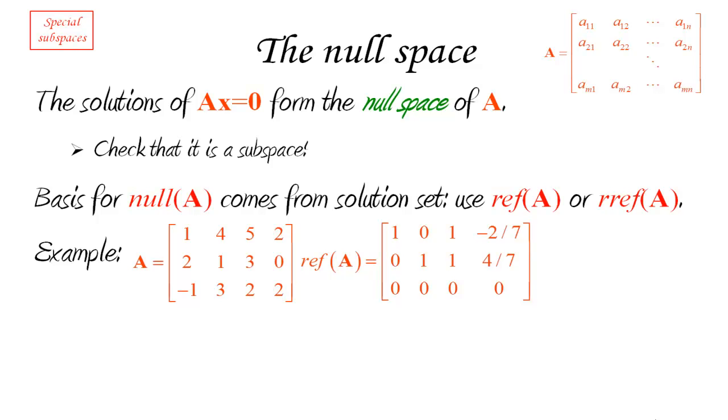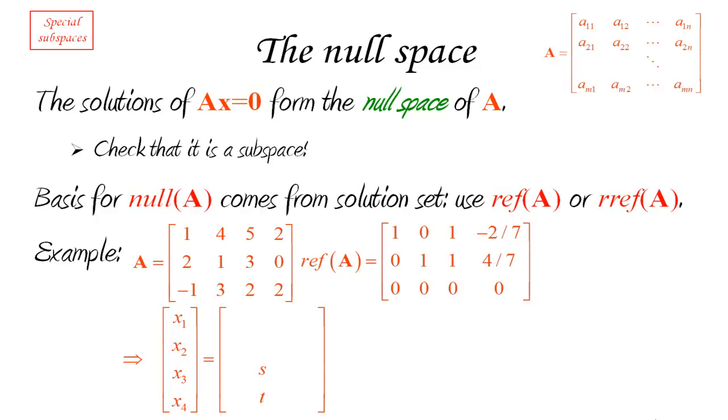So what we can do is write down the solutions of this system. What does the solution look like? The last two columns, which correspond to the last two variables, are in fact free. They correspond to free columns, and therefore they can take whatever values we want. Let's say that those values are called S and T. Then x1 and x2 are going to be written as functions of them.